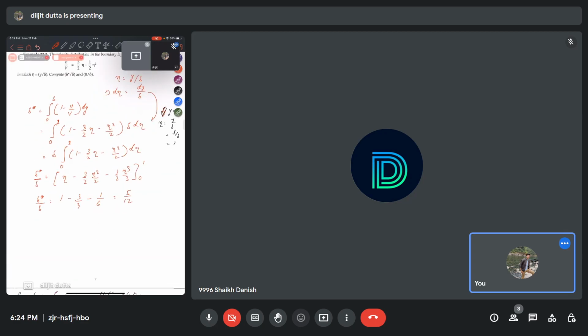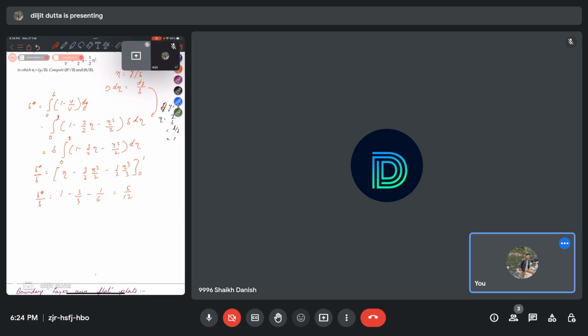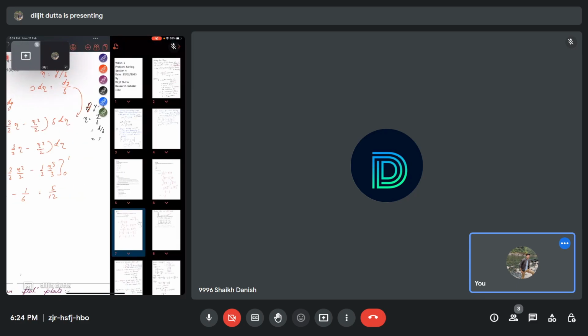The second part we have to calculate is theta, the momentum thickness.